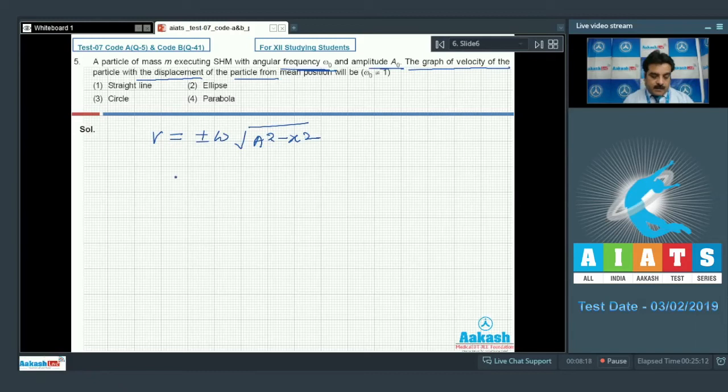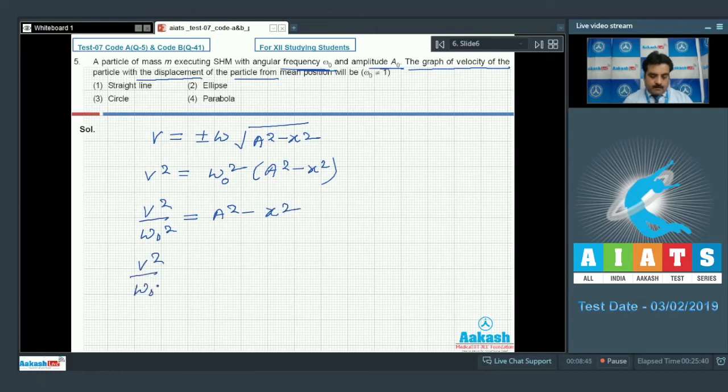If I take the square on both sides, v square is omega square, and according to the problem omega naught will be there, times a square minus x square. So I can write v square upon omega naught square plus x square is equal to a square.